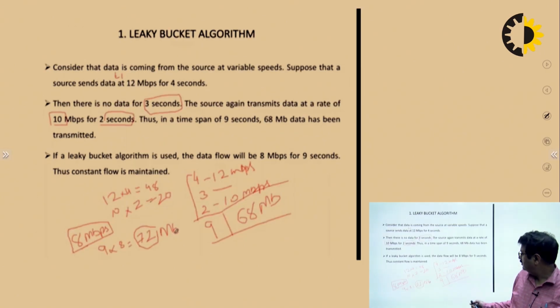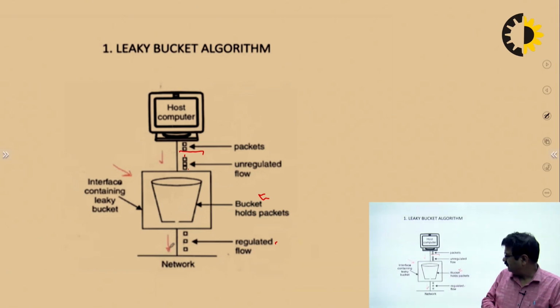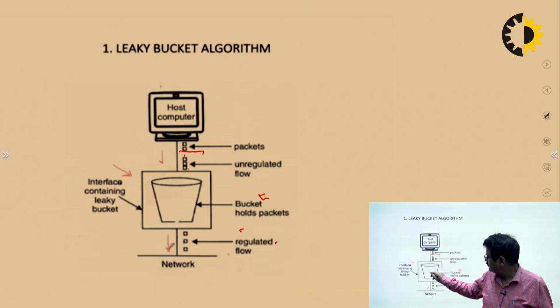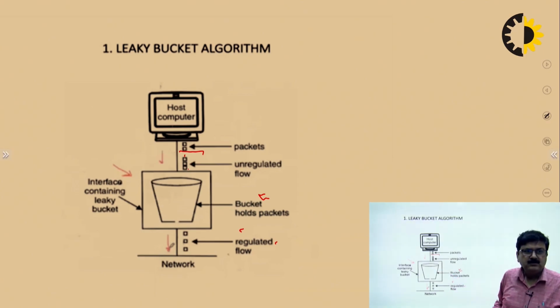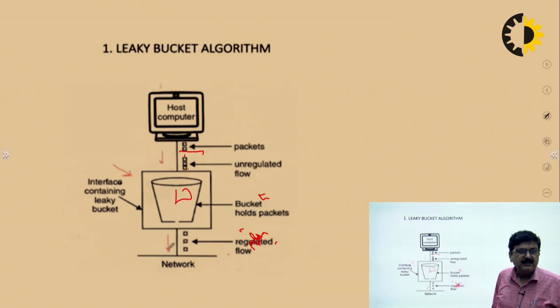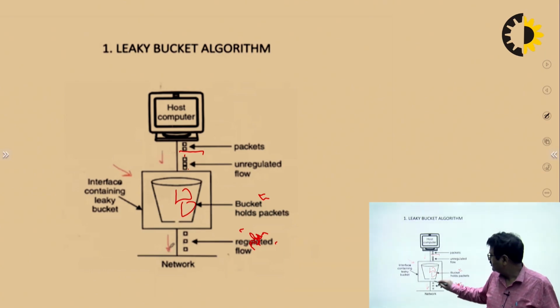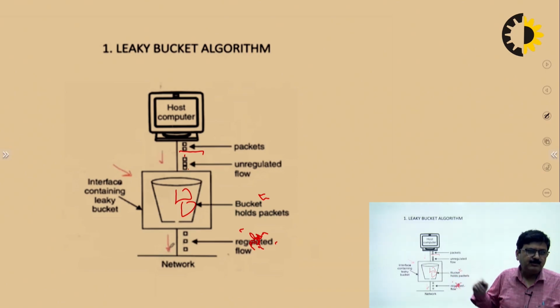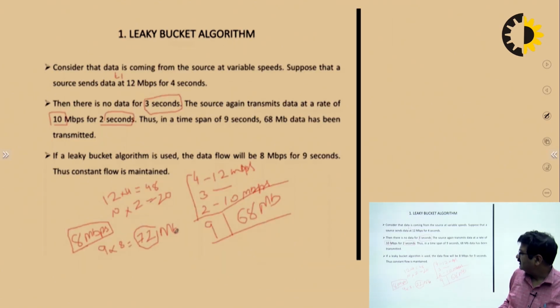If two packets are coming, this one and this one, the first one comes out, then the next, and after that the other packet comes out. First in, first out. That is the reason.